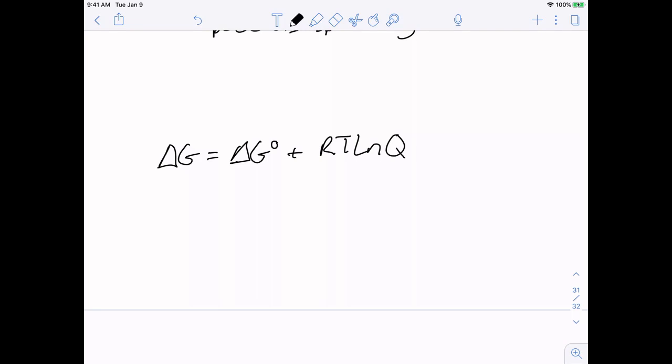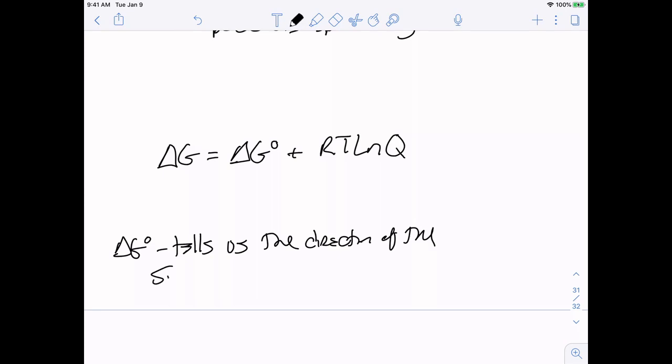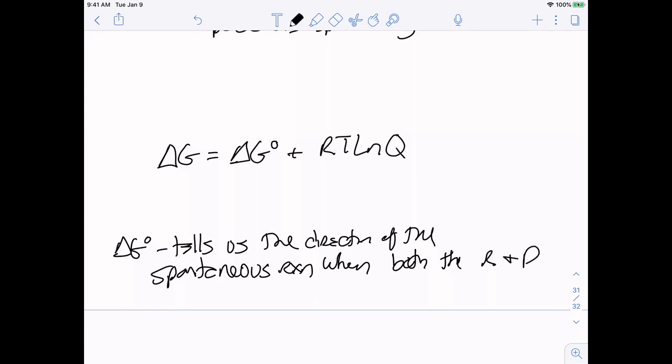I know I'm kind of repeating myself here, but delta G naught tells us the direction of the spontaneous reaction when both the reactants, I'm just using an R, and products P are in their standard state conditions.